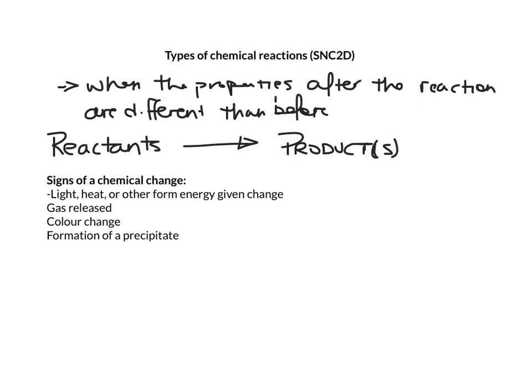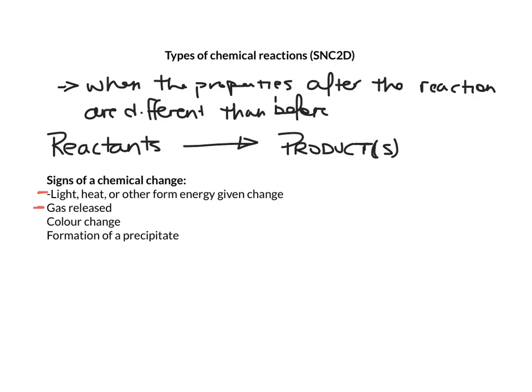And if you remember from grade 9, you were looking at signs of chemical change, so something had happened. Your first sign would be that light, heat, or another form of energy has been changed, whether it's given off or taken in, whether it got cooler or warmer.